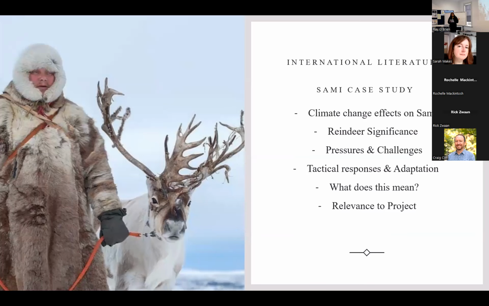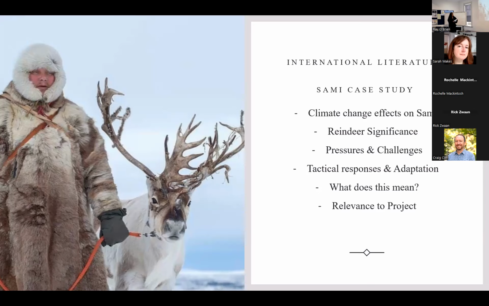So reindeer are a valuable resource for the Sami as they are food, clothing, and used for trade and labour. However, harsher Nordic winters have created unfavourable conditions for reindeer fodder and ground lichens. Therefore, Sami herders have intervened and used observational and experiential knowledge through tactical responses such as supplementary feeding and moving to improve the conditions for the reindeer.